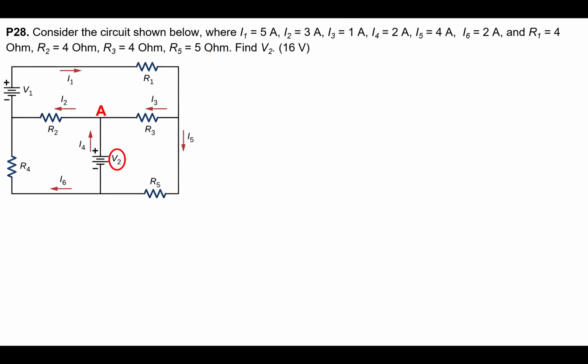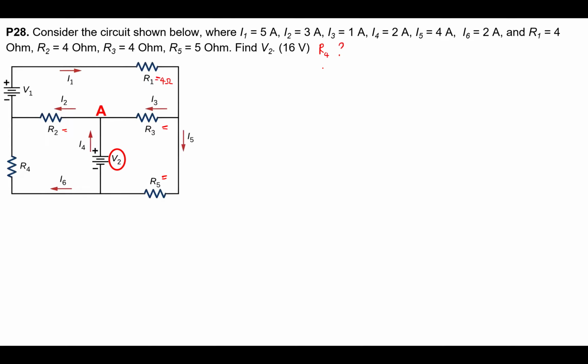Then consider the circuit shown below. Currents 1, 2, 3, 4, 5, 6 are given, and R1 is given, 4 ohm. R2 is given, R3 is given, R5 is given, but R4 is unknown.